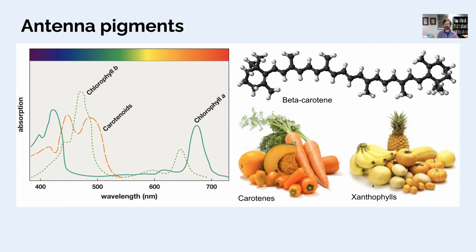Xanthophylls are a kind of carotenoid, and they are more in the yellow end of the spectrum. So plants can produce slight variations on the pigment molecule theme, and as these molecules change, they absorb different colors of light to give us different absorption, which can be helpful for photosynthesis, and then also just different visible colors. Sometimes that's present as a signaling for animals, as in many of these fruits and vegetables.